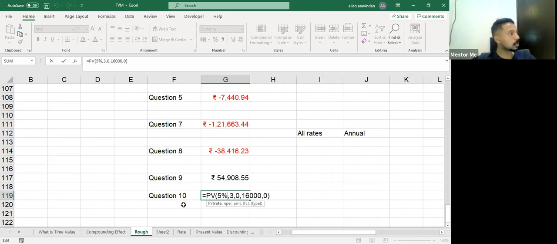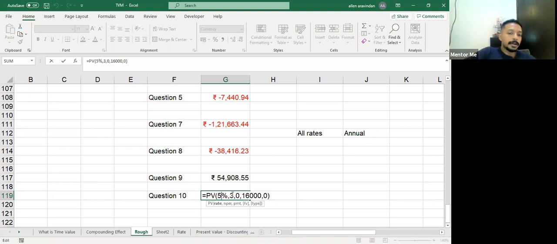Now, slowly also start thinking about the assumptions. What is affecting how much? The biggest thing which affects any time value of money calculation is the rate. Always remember, it's a very sensitive calculation. You change it by a little bit, and the answer can go from left to right.